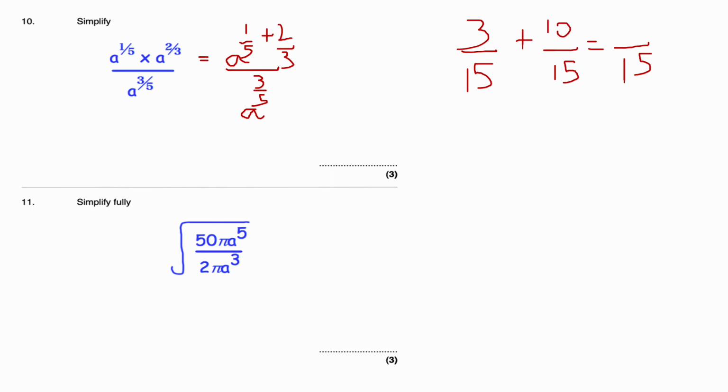So 3/15 plus 10/15 is 13/15. Okay, so I'm going to have a to the 13/15, okay, and then I'm going to be taking away, okay, because there's division here, so 13/15 take away 3/5, okay, to work out our answer.